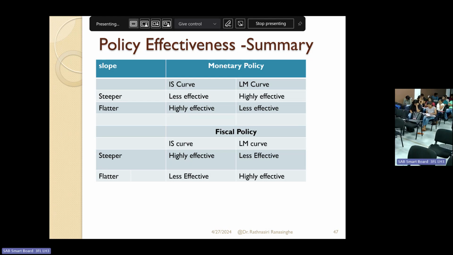That depends on C2, the elasticity of money demand, same case. C2 can be low or high. If C2 is low, we have the steeper LM curve; C2 high, we have the flatter LM curve. C2 low means low interest elasticity of money demand.